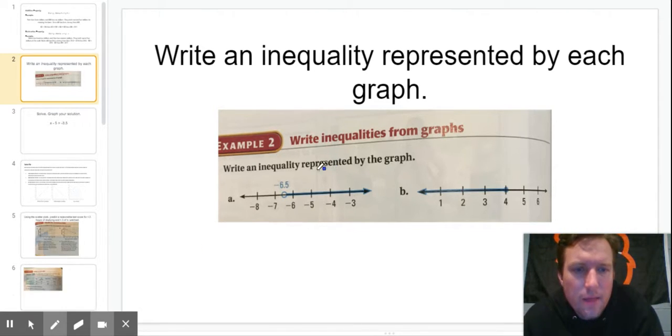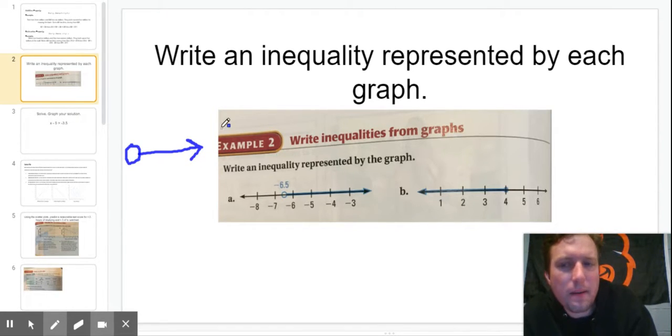If you notice, this point on this number line has an open circle. If you see an open circle with a line in this direction, it means greater than. When you have an open circle like this, it means it's not equal to the number graphed.